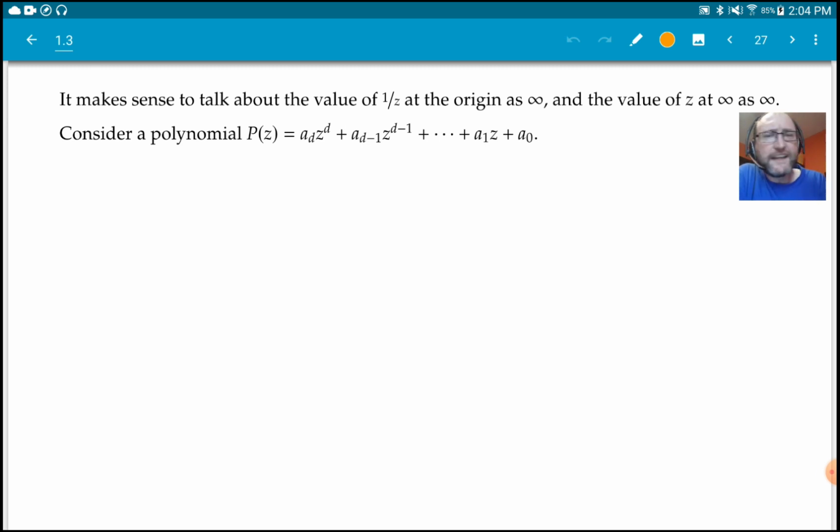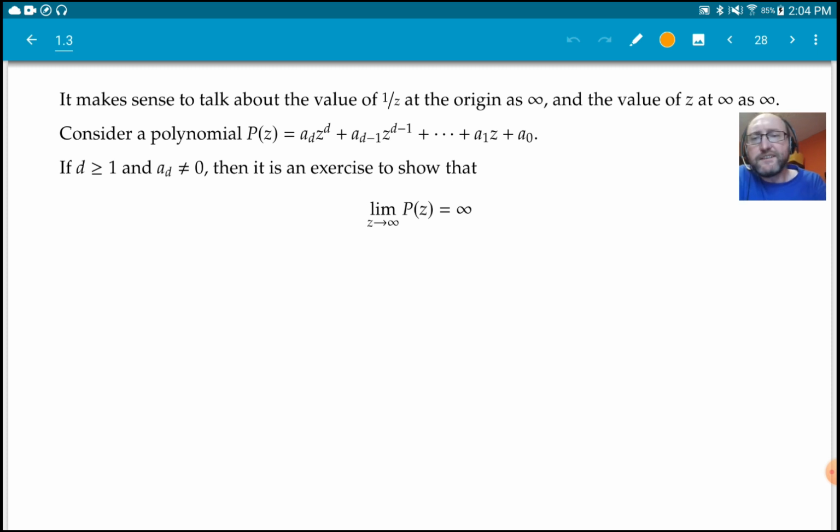Now, consider any polynomial p of degree d, where a0 through ad are just some complex numbers. We're thinking about this function.